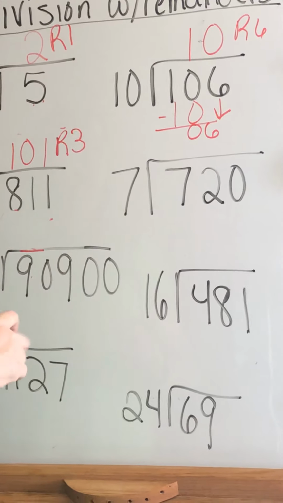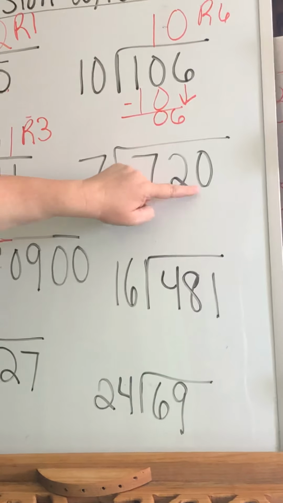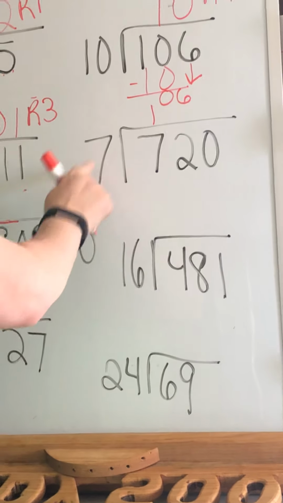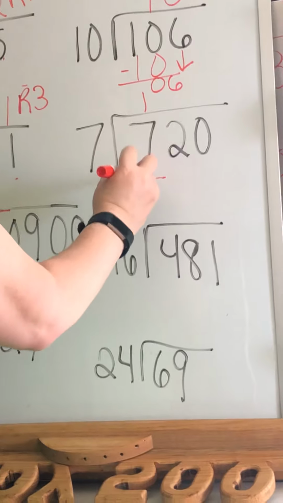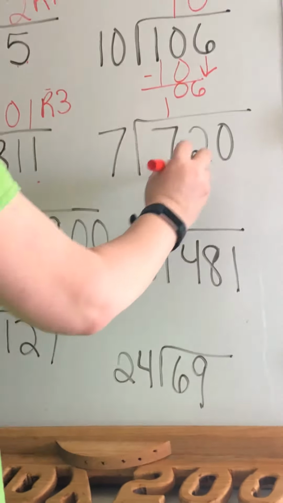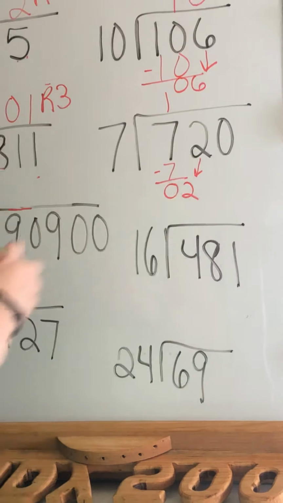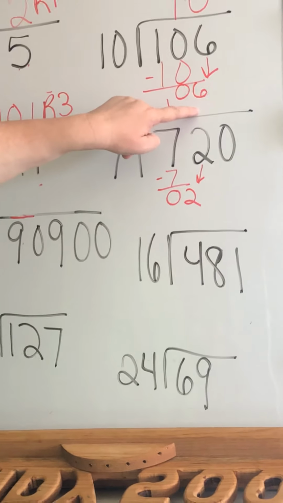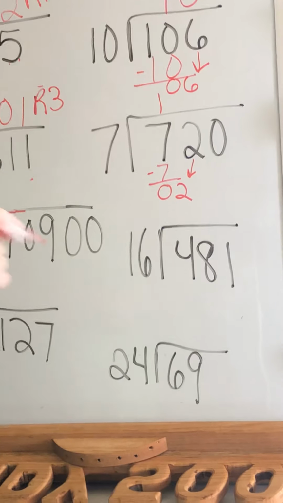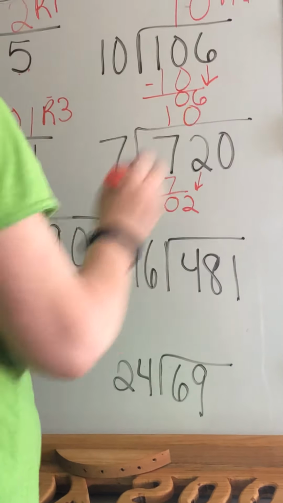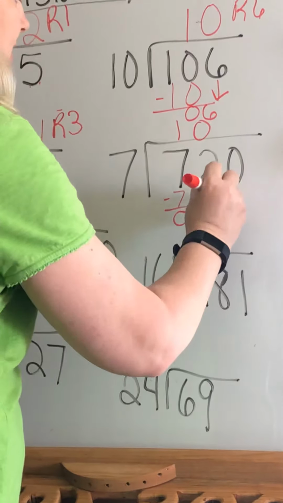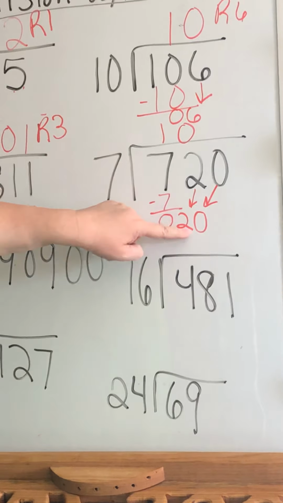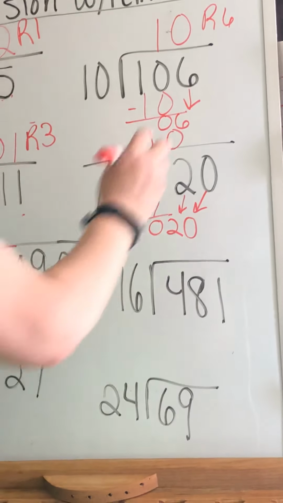All righty, let's go over to 7 divided into 720. 7 goes into 7 once, so 7 times 1 is 7. There's nothing left over. We are going to pull down this 2. 7 cannot go into 2, so what are we going to put right here? We're going to put a 0. Let's pull down this extra 0 right here, and 7 can go into 20 2 times.